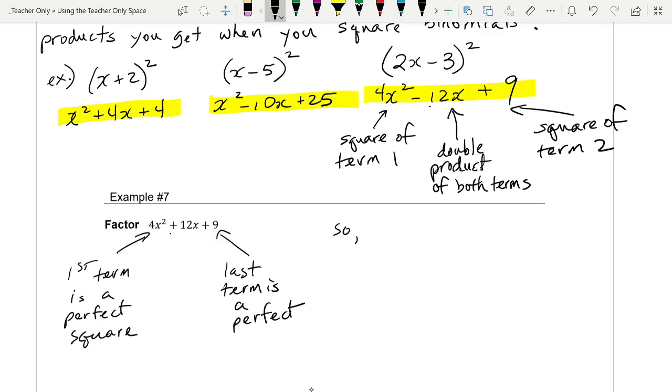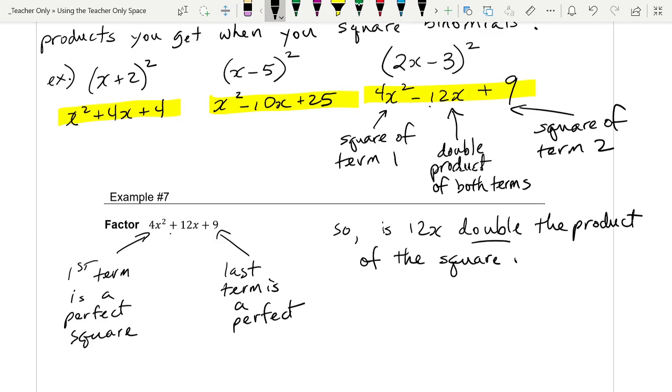So I ask myself, is 12x the product of this, or sorry, hang on, I missed something, sorry, I hope you're writing in pencil. Is 12x double, oh come on pen, double the product, that's the word I wanted, sorry, of the square roots of the first and last terms.